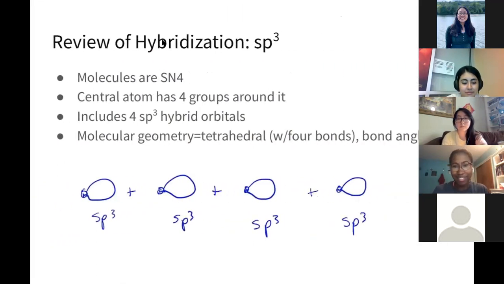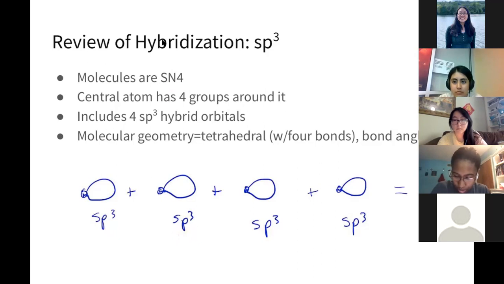Alrighty, last hybridization scheme is sp3 hybridization, and molecules that are sp3 hybridized have a steric number of 4, meaning the central atom has 4 groups around it. And if you look at the composition of an sp3 hybridized atom, you will see that it just has the 4 sp3 hybrids arranged sort of in a tetrahedron.